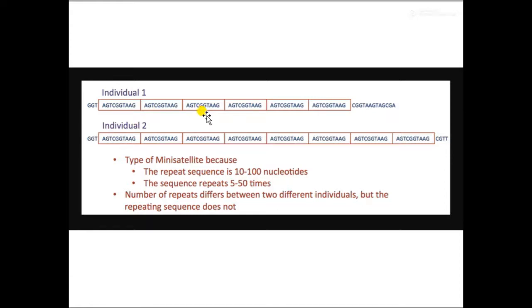In the first individual, the sequence has been repeated 1, 2, 3, 4, 5, 6 times, whereas in the second individual it has been repeated more times. Based upon this difference in how often the sequences are repeated, variations will arise, and that forms the basis or cause of the different bands when we do a DNA fingerprinting technique.